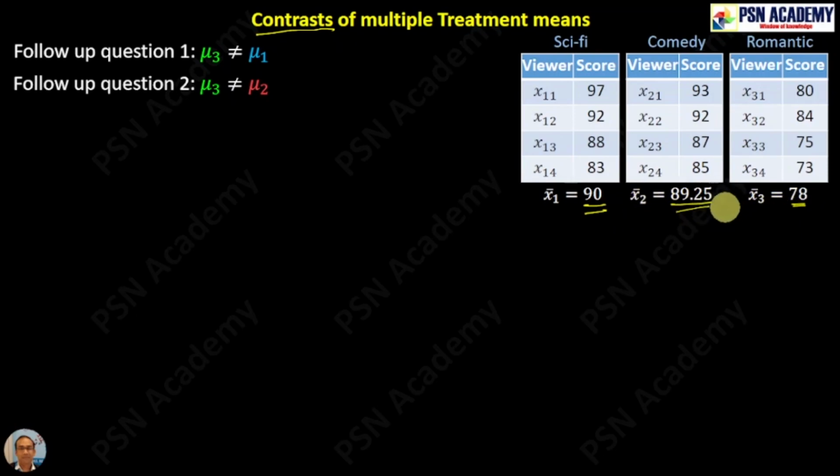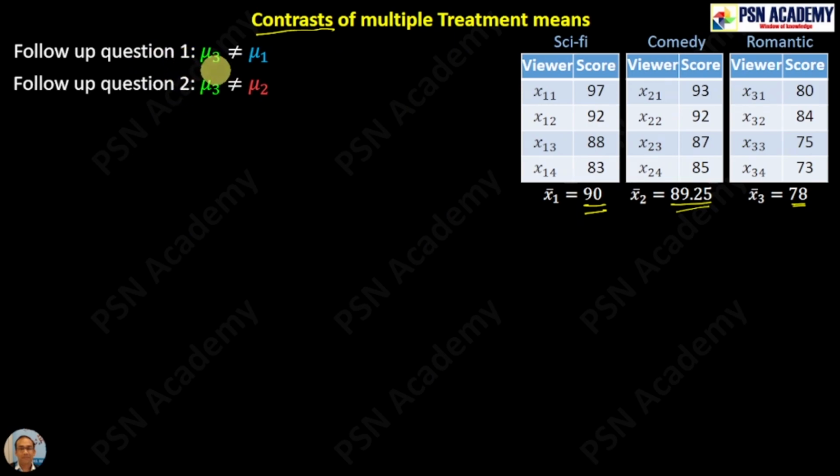So, from these figures, you can have an intuition that mu3 is likely to be different from mu1 and mu2, while mu1 and mu2 are the same, right? This is the reason we have the follow-up questions 1 and 2 like this.